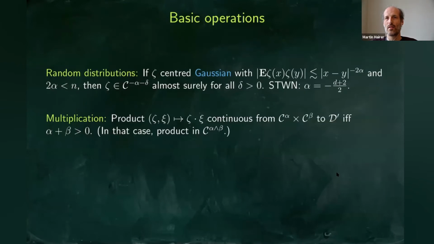The answer is that it is the case if and only if alpha plus beta is strictly positive. So if you have something with negative regularity, you can't take the square, because you would have C^alpha times C^alpha, and alpha plus alpha would be negative.